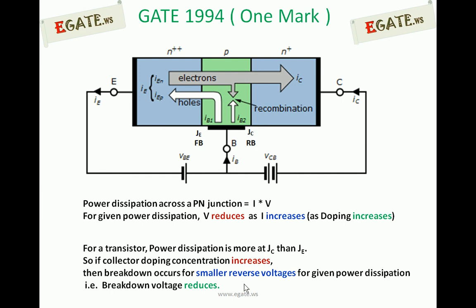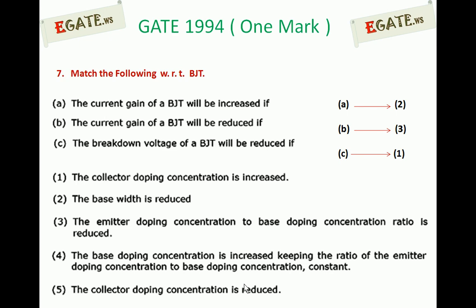Now with the help of this theory, we can answer the questions. First one, the current gain of a BJT will be increased if the base width is reduced. Second, the current gain of a BJT will be reduced if the emitter doping concentration to base doping concentration ratio is reduced.